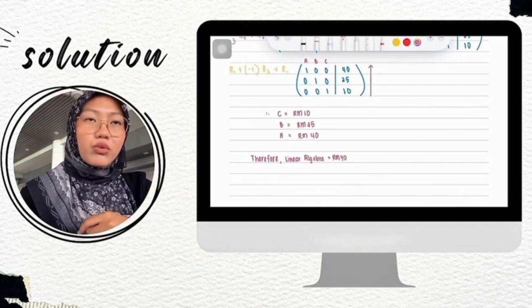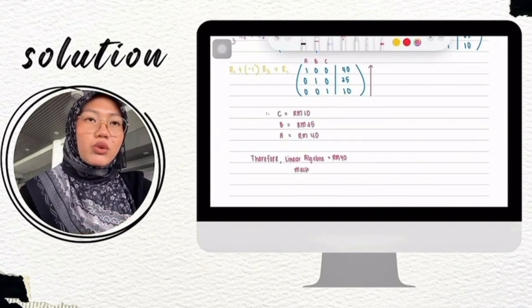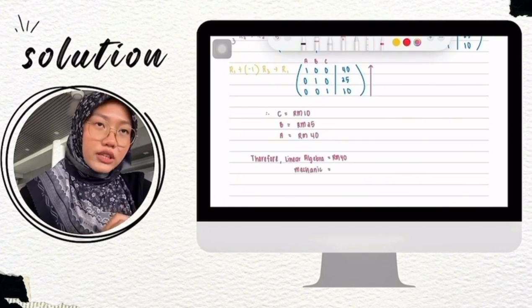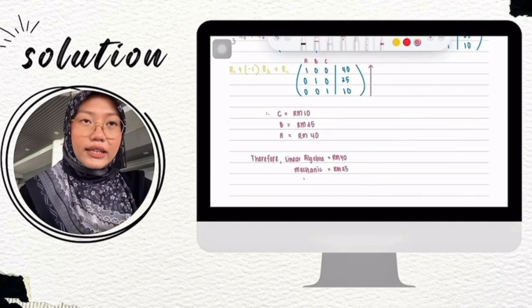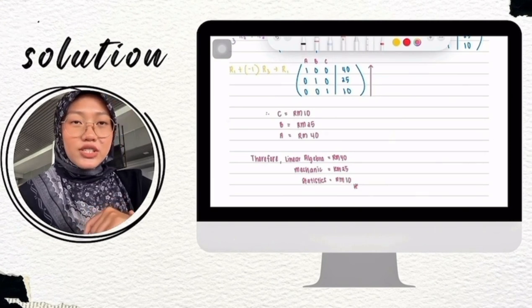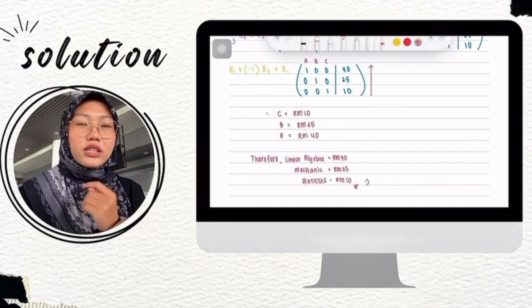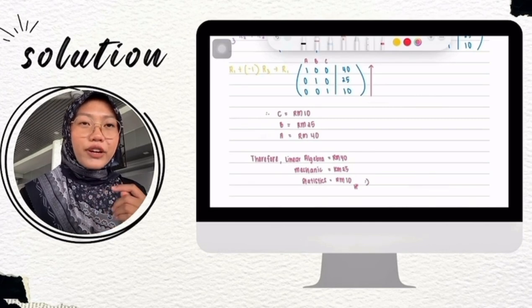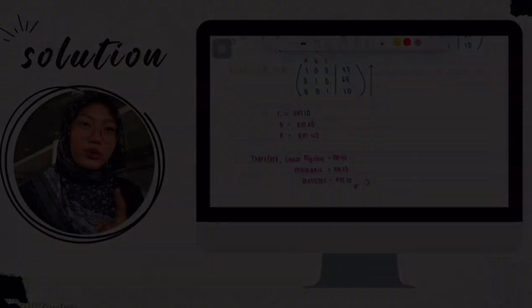And then B, which is the mechanic book, we will get 25 ringgit. And then lastly C, which is the statistic book, we get 10 ringgit. So here we already found out the exact price for each book.